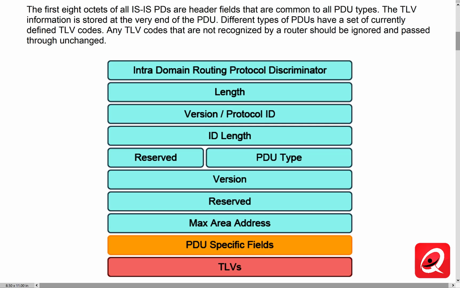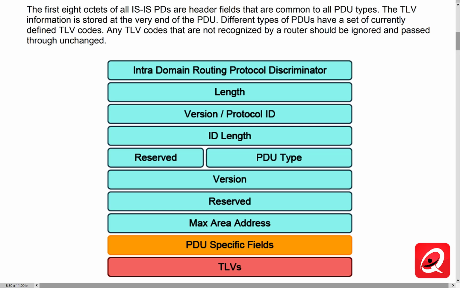The hold time is the time period to wait to hear the hello before declaring the neighbor dead, just like we have in OSPF and EIGRP. The dead interval in the case of ISIS is 3 times the hello interval, but these can be configured values as well. And then the circuit type indicates whether this is a level 1 PDU, a level 2 PDU, or a level 1 and level 2 PDU.